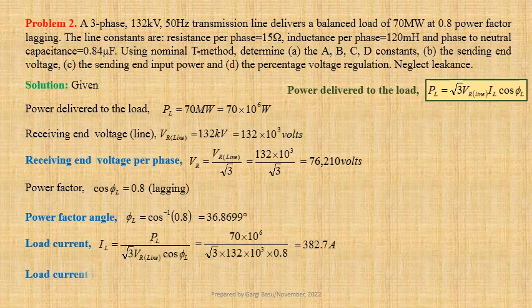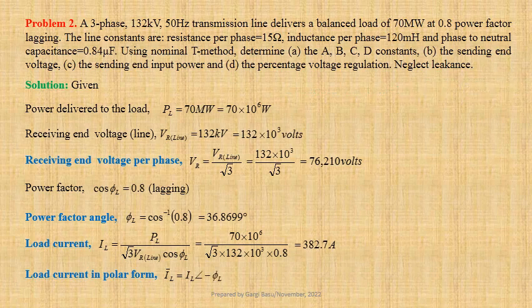Load current may be written in polar form as IL equals IL at an angle minus phi L, that is equal to 382.7 ampere at an angle minus 36.8699 degree. In this case, load current IL is the receiving end current IR.